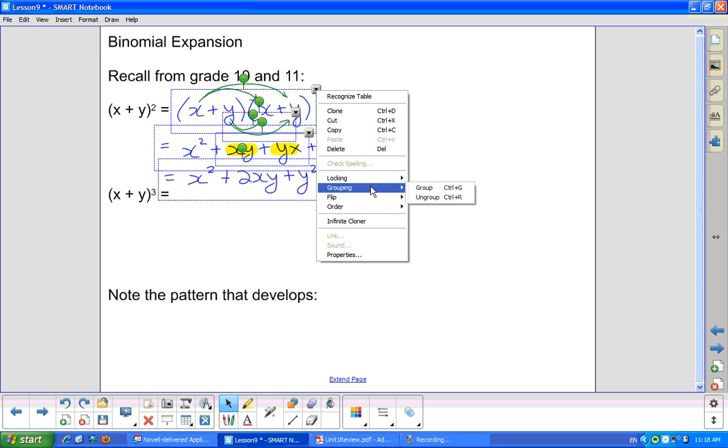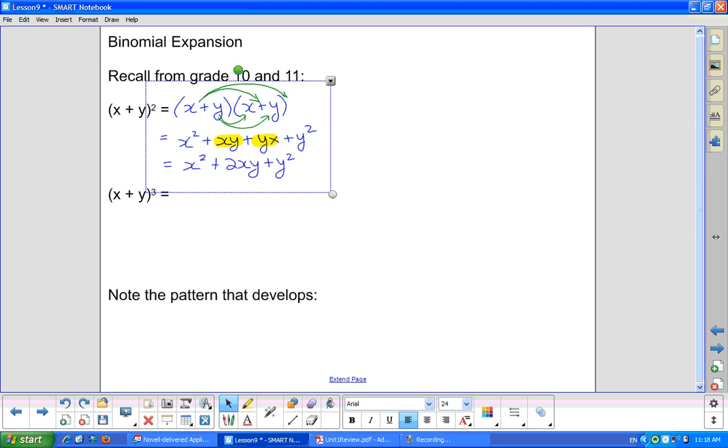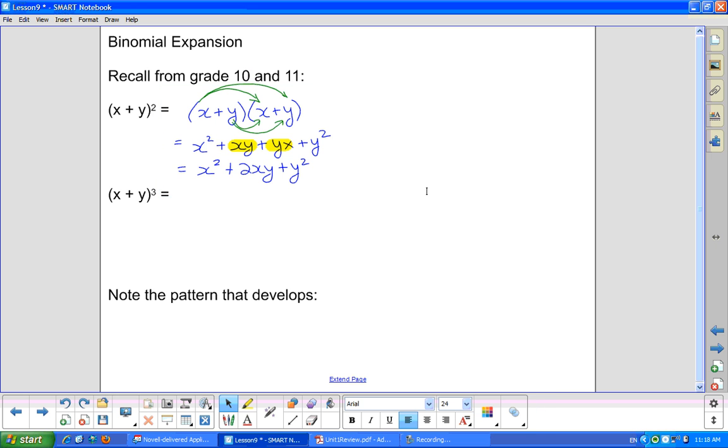Now, the cube one just becomes a little bit messier because it's a little bit larger. So it would be x plus y multiplied by x plus y multiplied by x plus y. Now, I'm going to cheat a little bit here because I want to come up with the pattern so you can see it. We already know what x plus y times x plus y is.